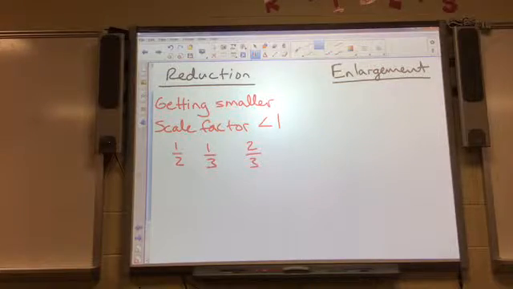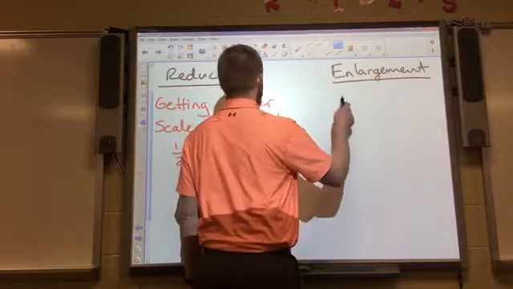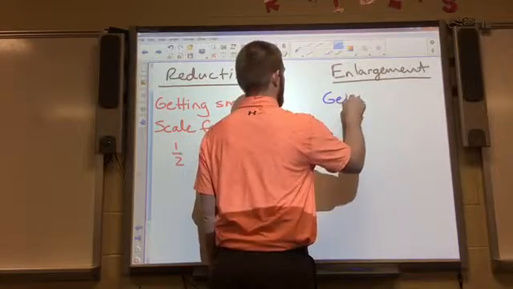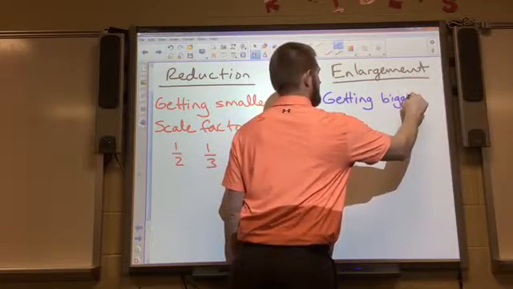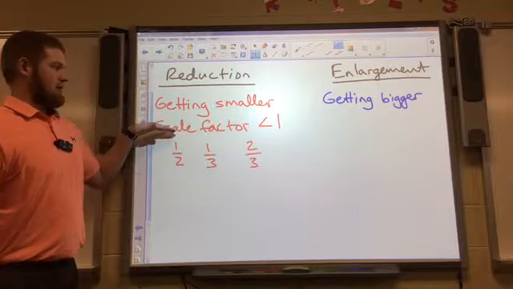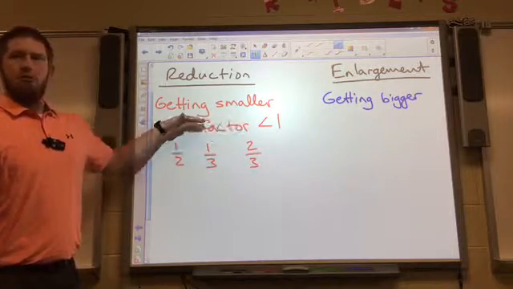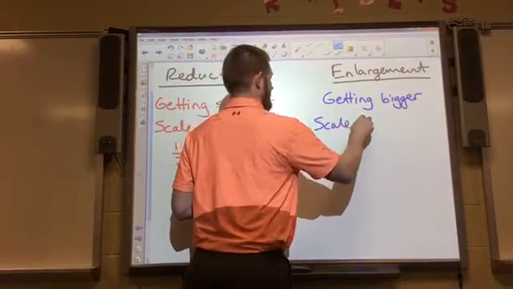Okay. So with an enlargement, we know enlargement means what? Gets bigger, so it's getting bigger. What am I going to fill in for this line? The scale factor has to be greater than 1.